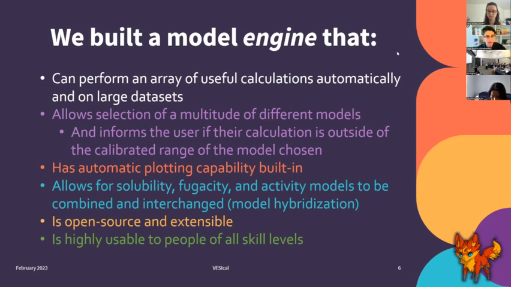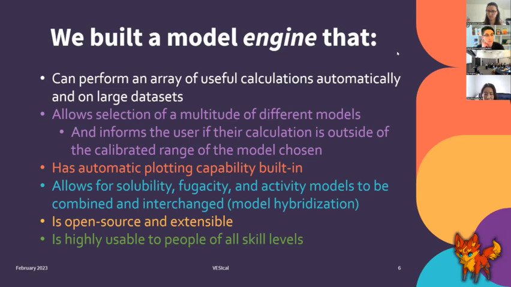You can get into a sort of advanced use of VESIcal, where you can choose individual solubility, fugacity, and activity models that you can interchange, and you can hybridize models. So let's say you want to use the Dixon model, which is underpinning VolatileCalc, but you want to use a different equation of state to see how that affects the results.